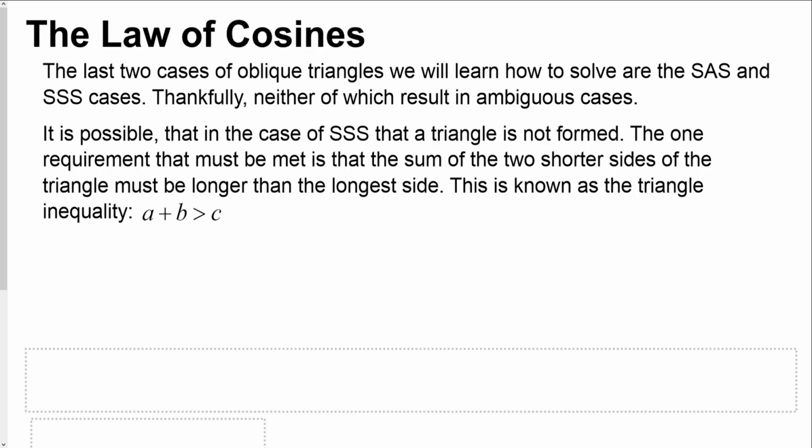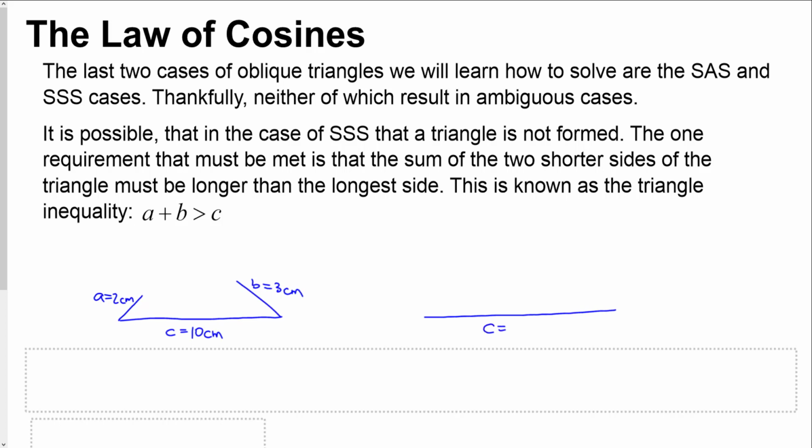So for instance, if I have the base of a triangle, the longest side that is, 10 centimeters, and I have two side lengths where one is 2 centimeters and the other one is 3 centimeters, no matter what I do, I can't arrange this in order to make a triangle, because the two shorter sides of the triangle aren't longer than the longest side of the triangle when added together.